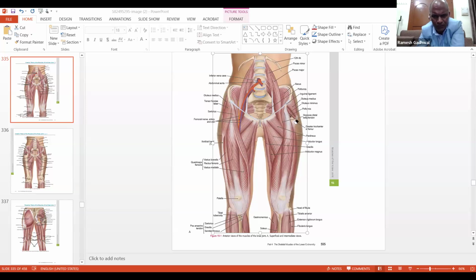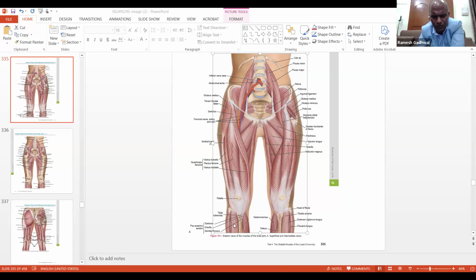First, here you see the greater trochanter in this area. So these are the front muscles.